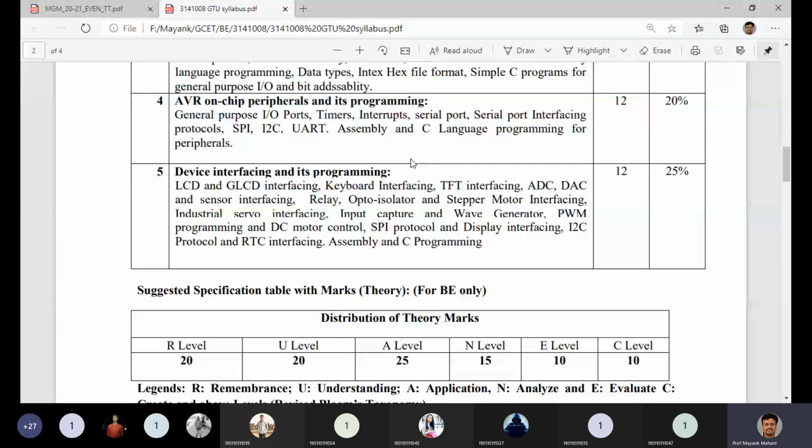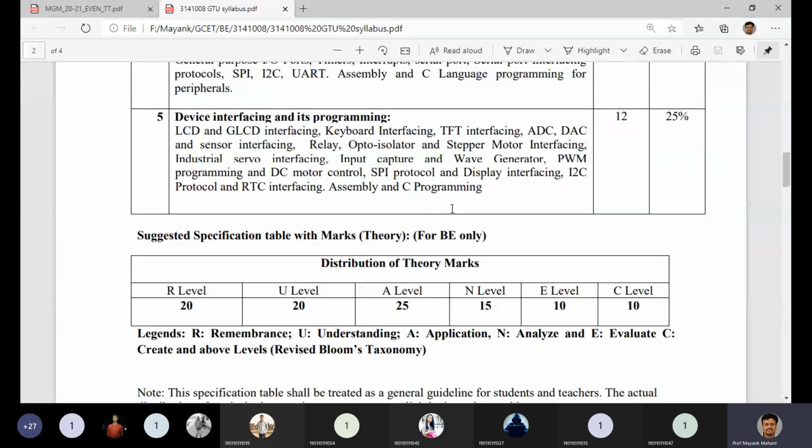Then finally, in unit number 5, you will look into how you can interface your LCD, keypad and TFT. All of these can easily be interfaced with your AVR microcontroller. With that there is ADC and DAC: ADC means analog to digital conversion and DAC means digital to analog conversion.